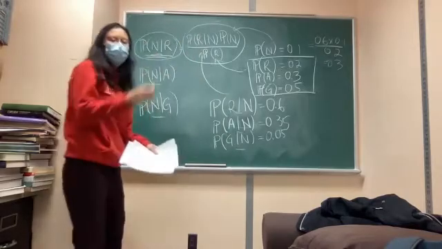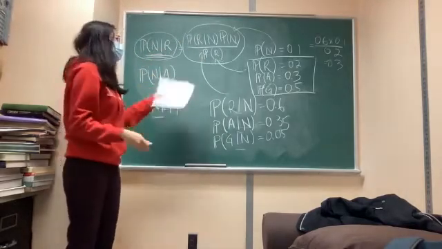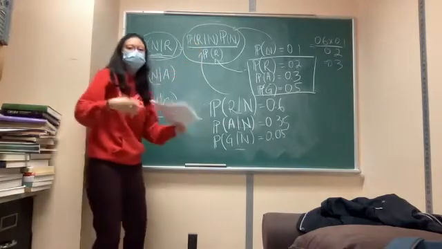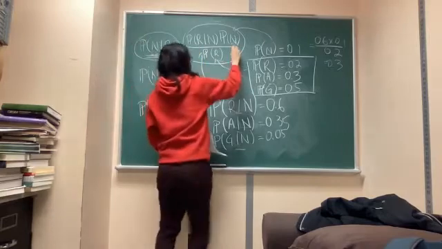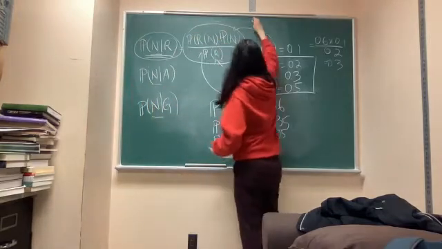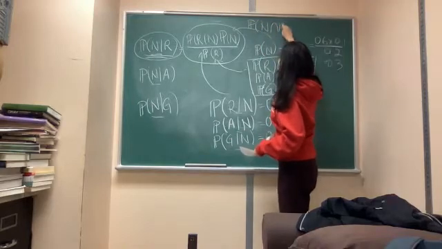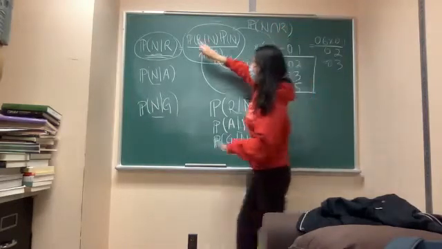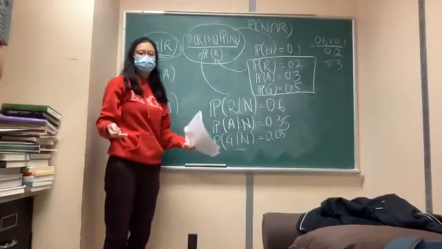You think, do I know all the aspects of this equation? If I didn't know both of these, but I knew the probability of N intersect R, then I wouldn't use Bayes' theorem. I would just use the definition of a conditional probability.